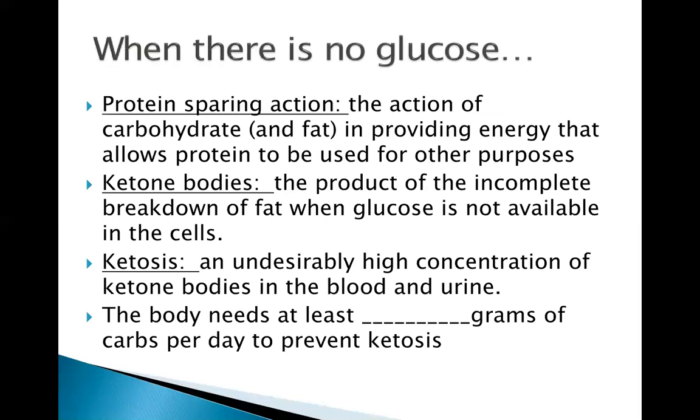So ketone bodies will form as part of incomplete breakdown of fats. And if these ketone bodies build up, something called ketosis can happen, which is when there are too many ketone bodies in the blood and the urine, and this actually changes the pH of the blood, which can be potentially very dangerous. Our body, like I said, prefers glucose, and daily we need about 50 to 100 grams of carbohydrates to prevent ketosis.